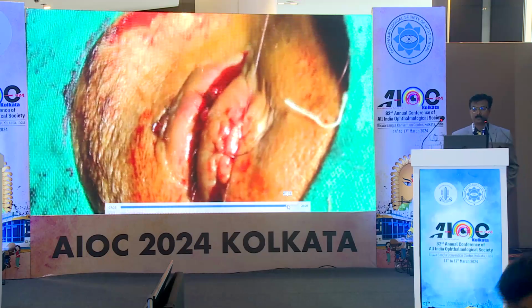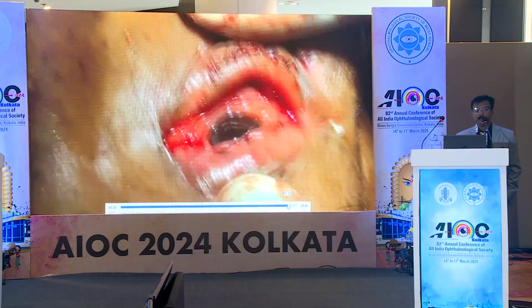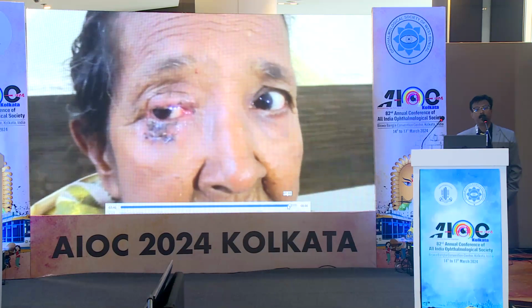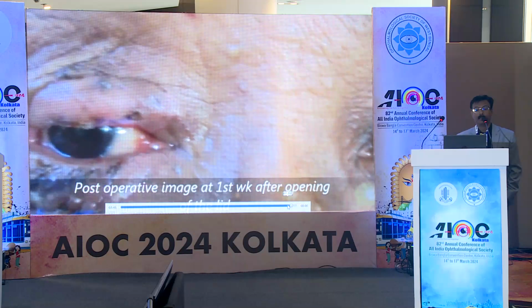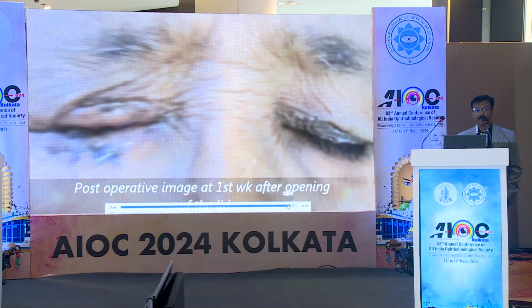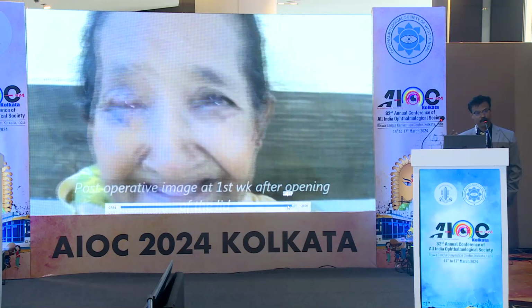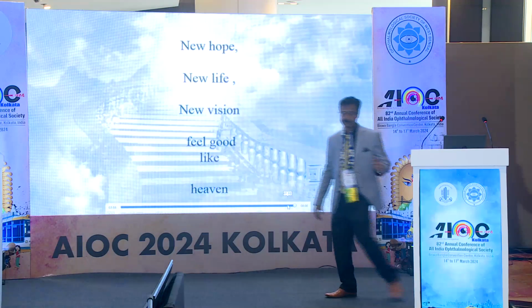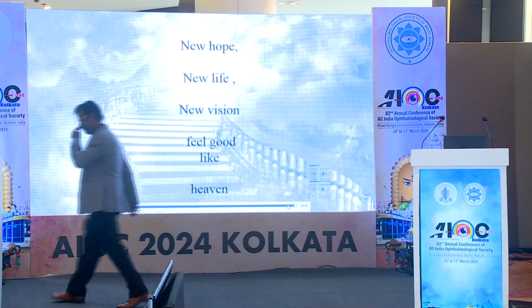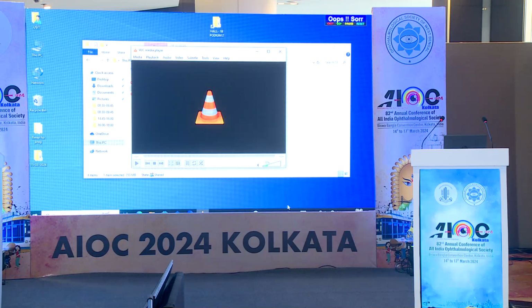And the wound is closed. Now see the patient. The patient was thrown out of the family due to infection. This is the post-operative phase of the patient. This smile is my gift, nothing but. Over.